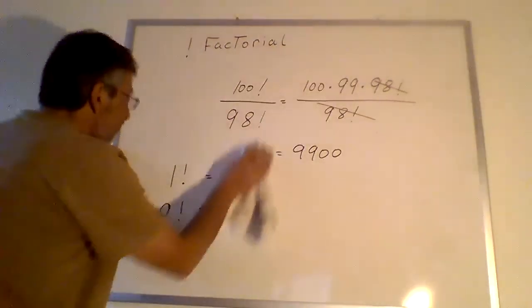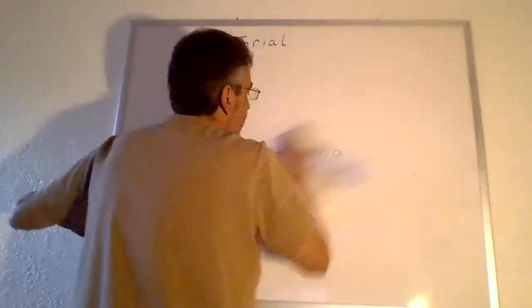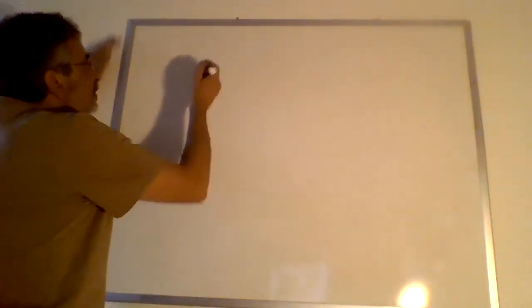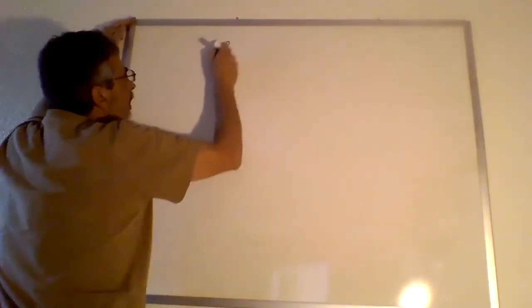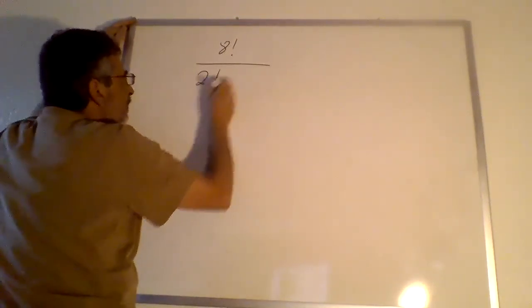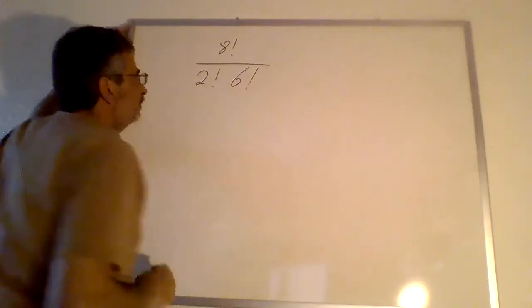So let me erase this. So we have 8 factorial divided by 2 factorial times 6 factorial.